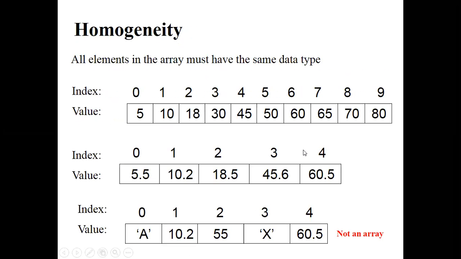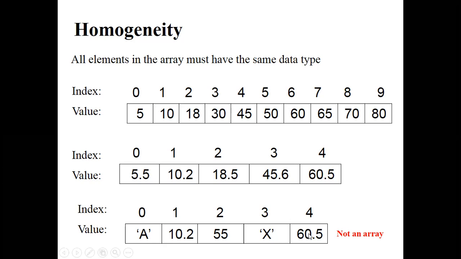So what is homogeneity? All elements in the array must have the same data type, which is known as homogeneity. Like in the first example, we only have numerics, 5, 10, 15, something like that. Here we also have a specific numeric type of data, like 5, 5.5, 10.2, 18.5. However, this is not homogeneous: at slot 0 we have a character, then a number, then x, then 60.5.